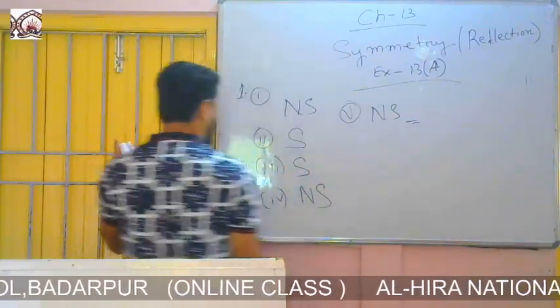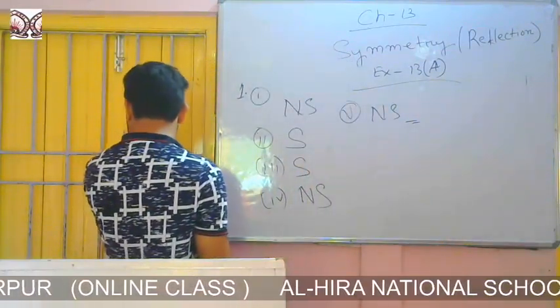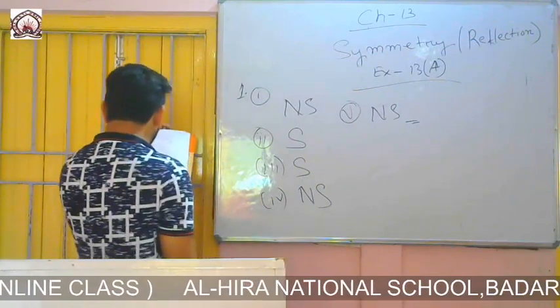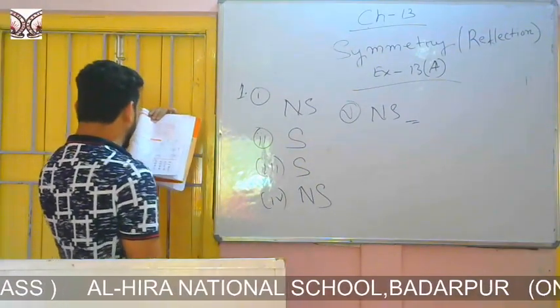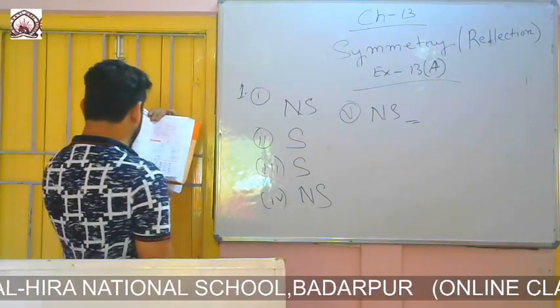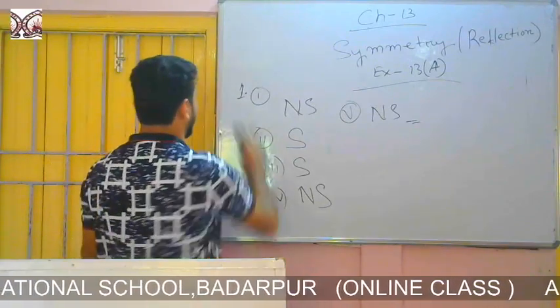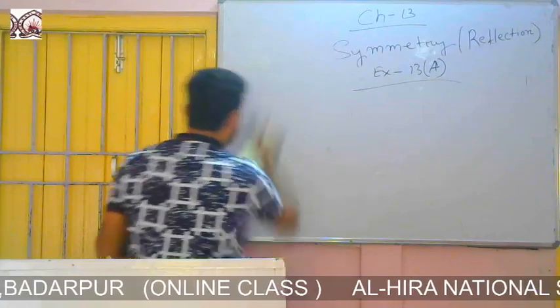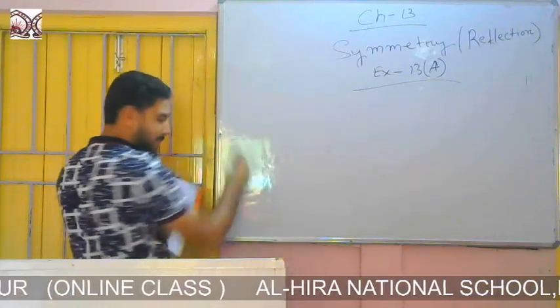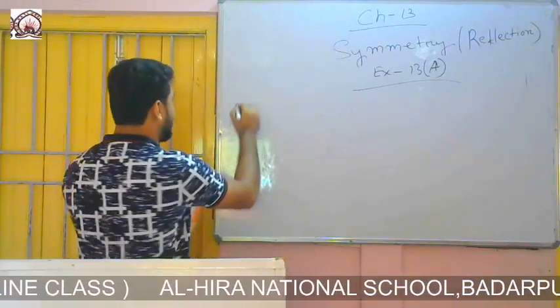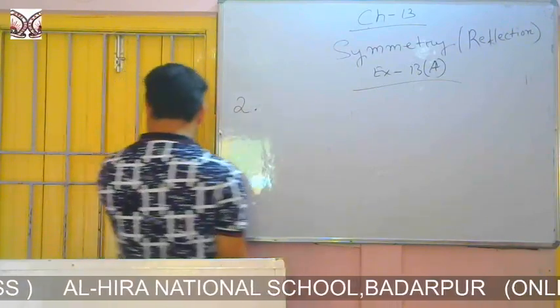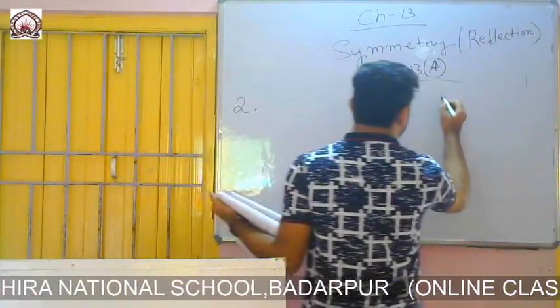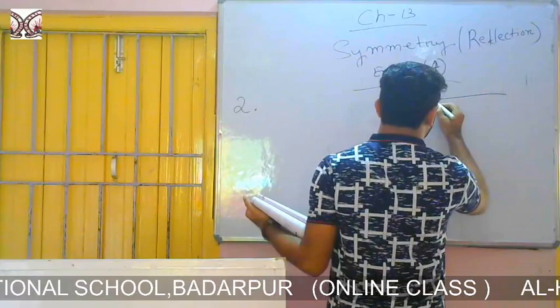Now come to question number 2. Draw the line or lines of symmetry of the following shapes and count their number. That means we have to draw the lines of symmetry. Number 2, the shape is given like that.